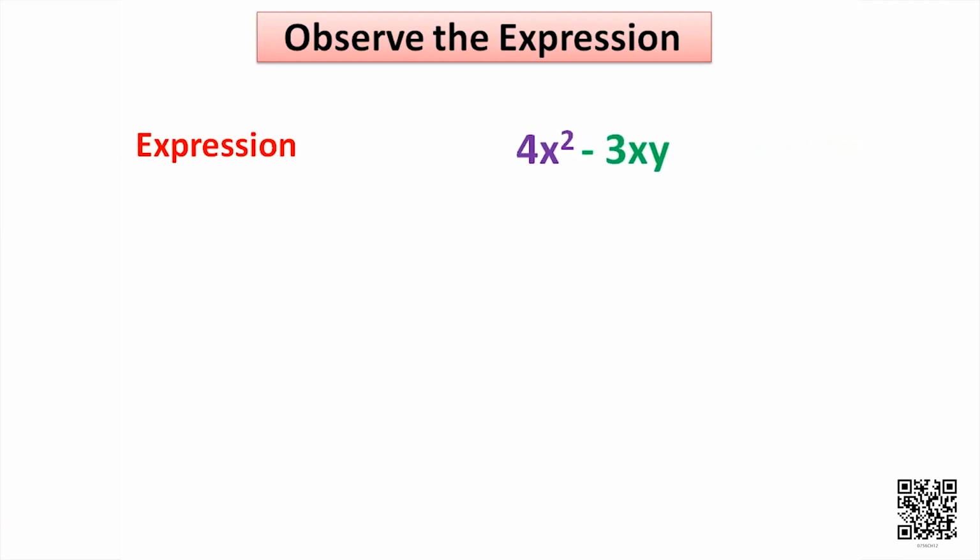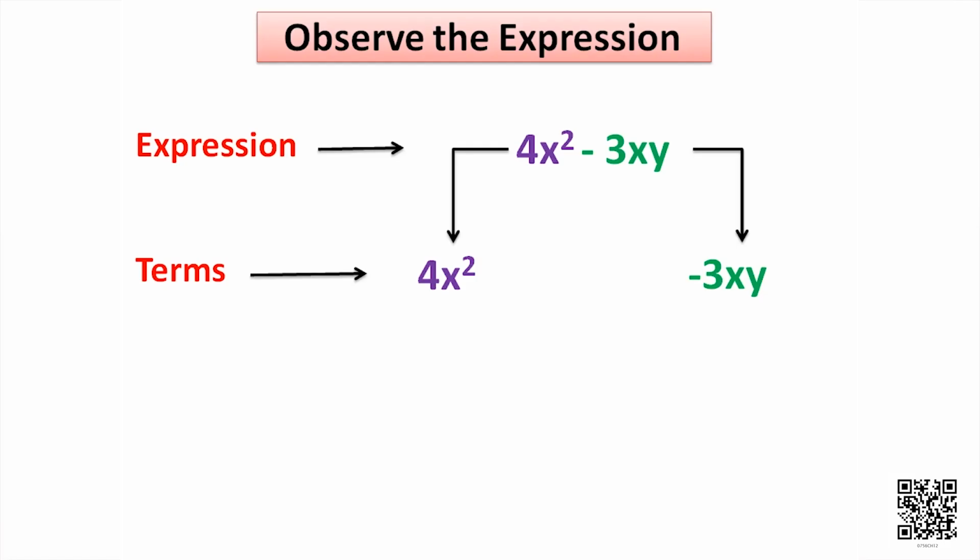So let us observe the expressions which are given here. Look at this expression, 4x square minus 3xy. Now this expression has 4x square and minus 3xy. These two are called terms of the expression 4x square minus 3xy.